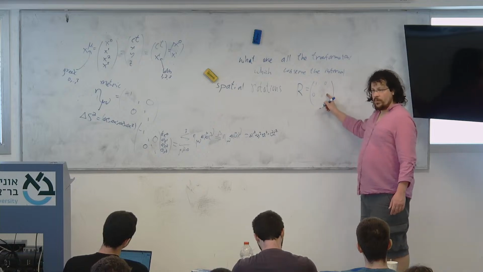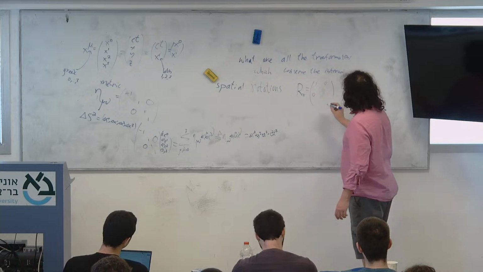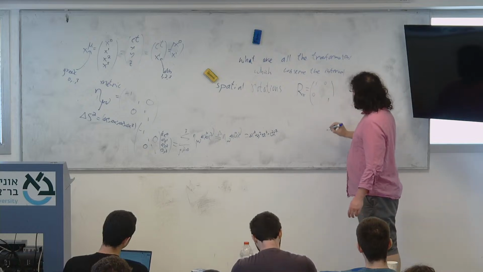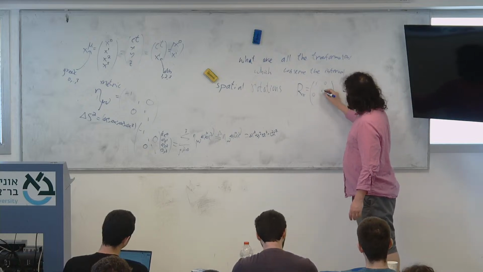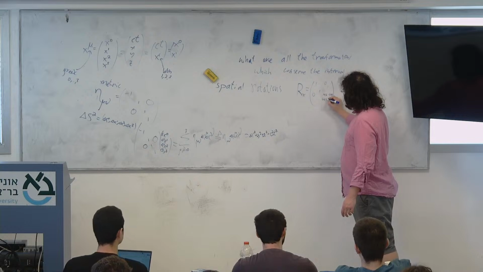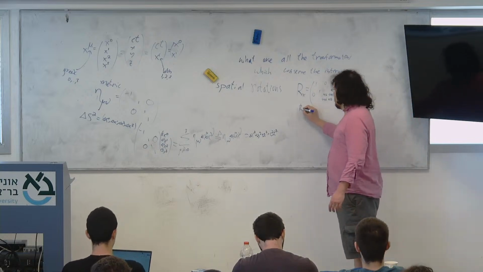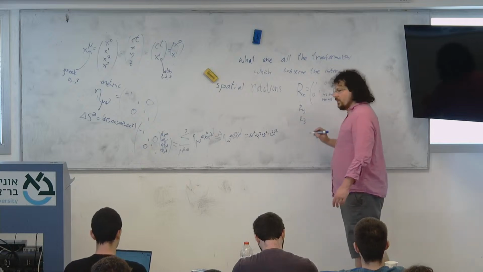In the spatial part, we're going to have three of them. So our Rx will be something like: Z is maintained, X is maintained, and here I have some cosine theta, minus sine theta, sine theta, cosine theta. And I'm going to equivalently have Ry and Rz.